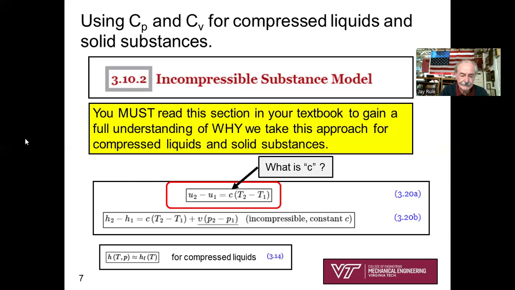It says that for incompressible substances, U2 minus U1, the change in internal energy, is a function of temperature only, and it's related simply by some constant C, called the specific heat. So this little C in your textbook, equation 3.20, is called the specific heat. Oh my God, now you've got a third thing called specific heat. So now you're really confused, right? What's C sub P? What's C sub V? What's C? Let me go to the big reveal.